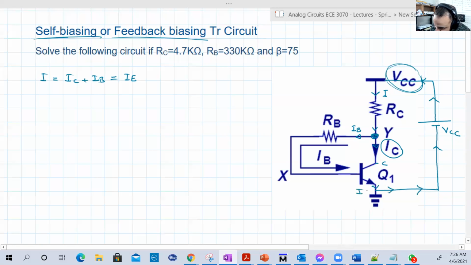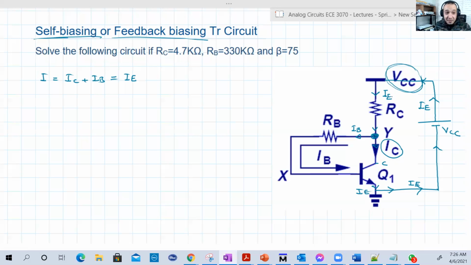Oh, it's IE. So that looks counterintuitive. It's not counterintuitive or something, but just the naming that makes it a little bit confusing, because we name the resistance RC, although the current that flows into it is IE. Okay?